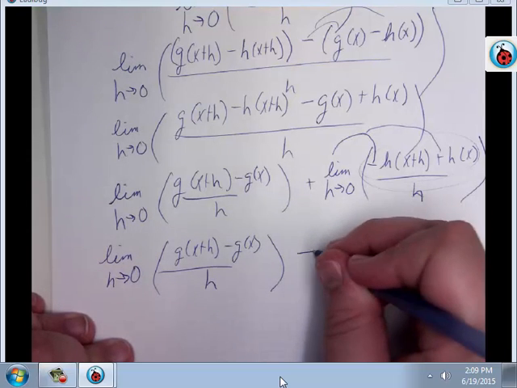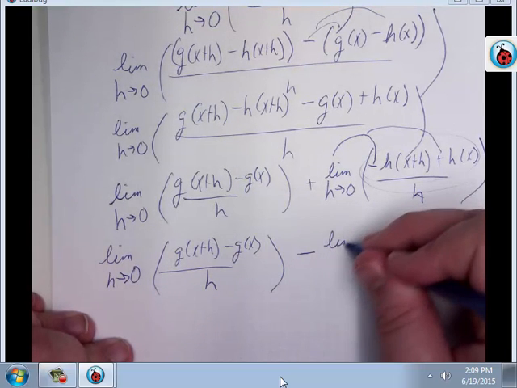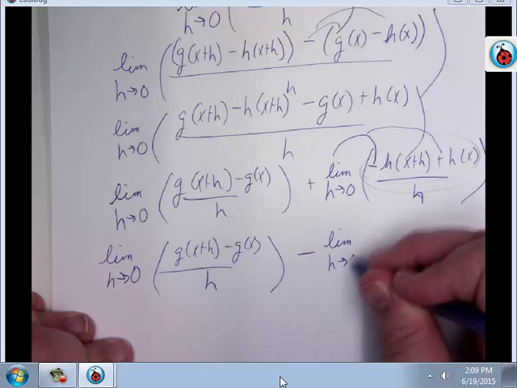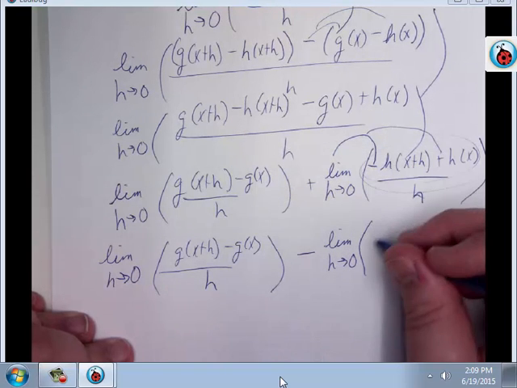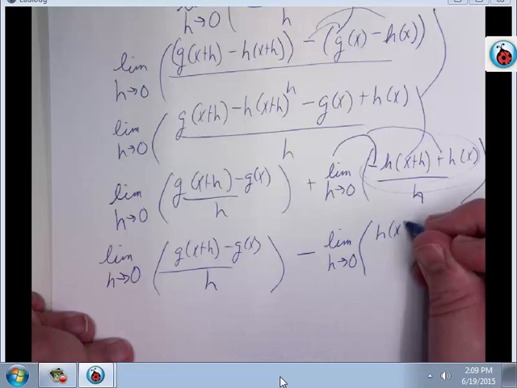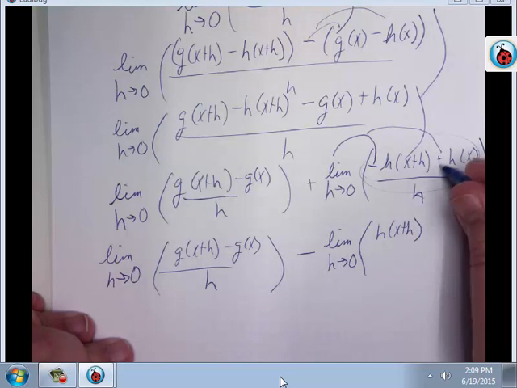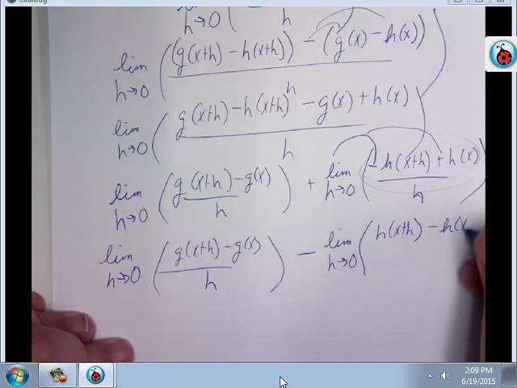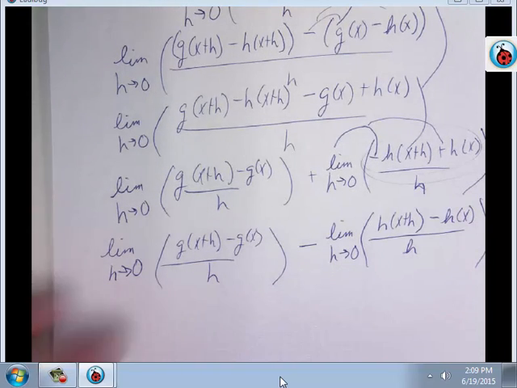This becomes negative. Limit as h goes to 0. Divide this one by negative 1, I get h of x plus h. This becomes minus h of x all over h. And now it's written in a form that I can use.